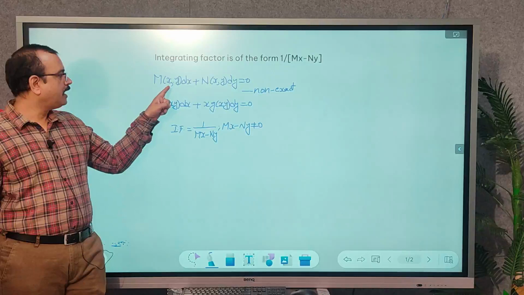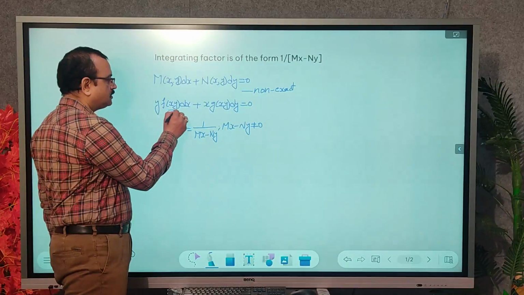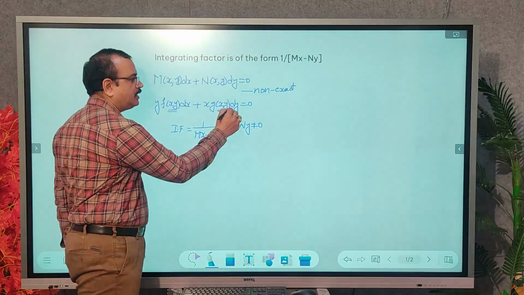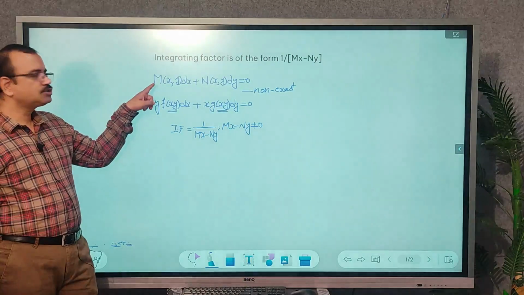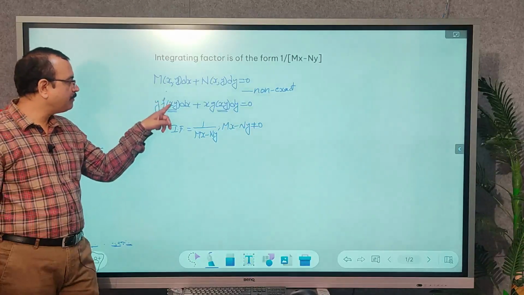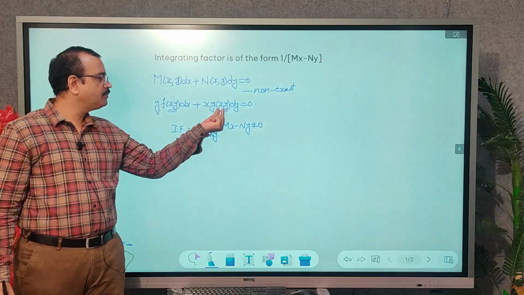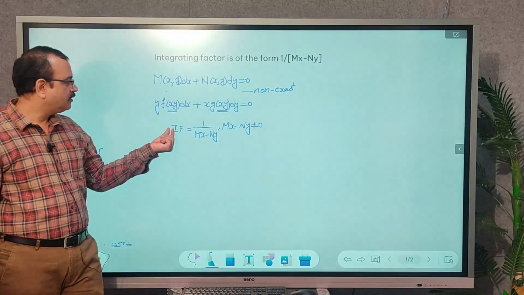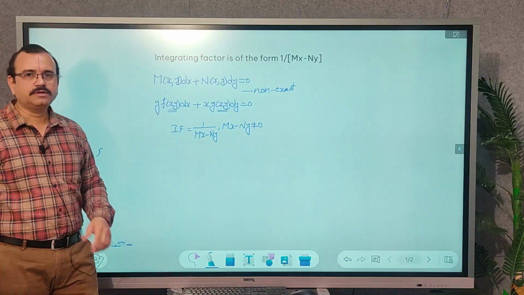If the DE is of the form y into f of xy dx plus x into g of xy dy is equal to 0, in the sense that after taking y common from M, we still have product terms in M, and after taking x common in N, we still have product terms in N, then we can say that 1 by Mx minus Ny is an integrating factor.